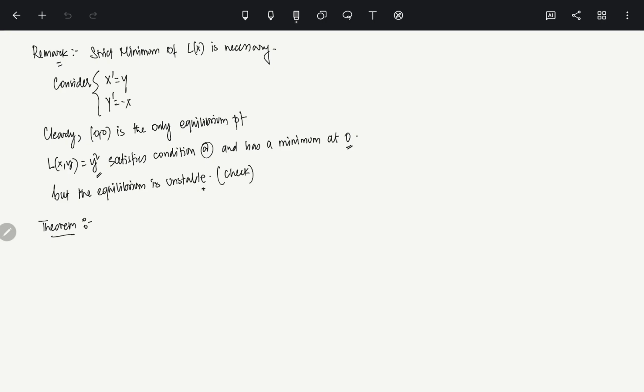So basically in that case we call L a strict Lyapunov function. Maybe I can write it here.